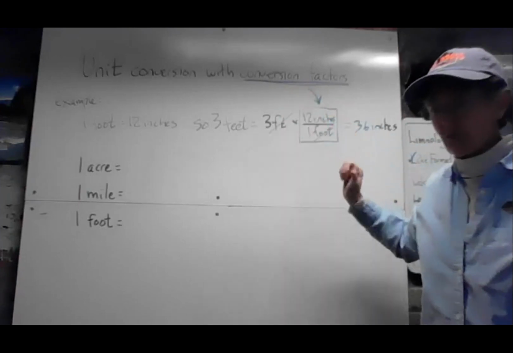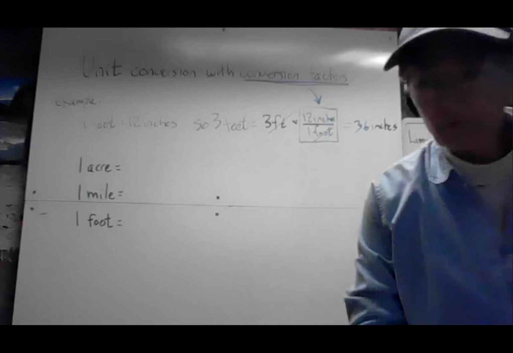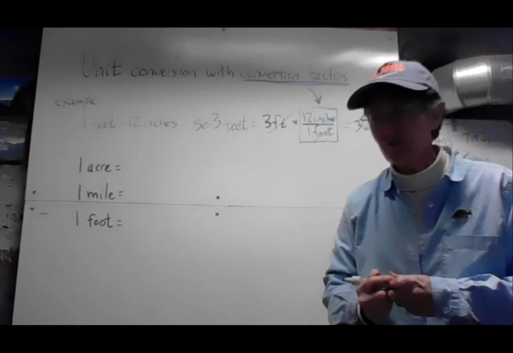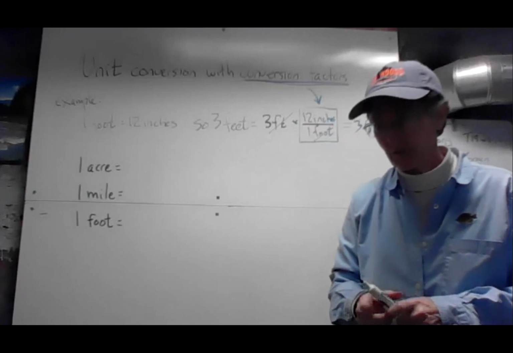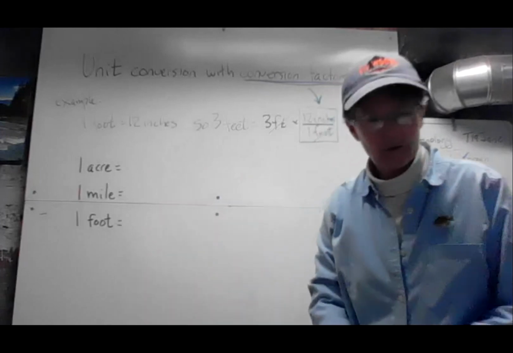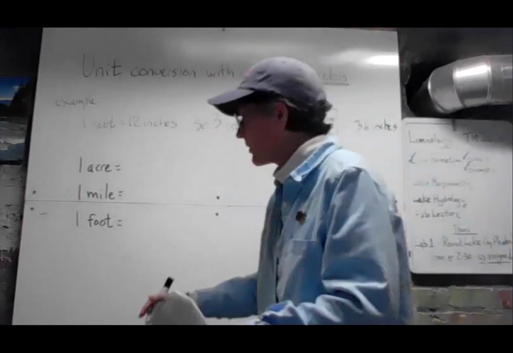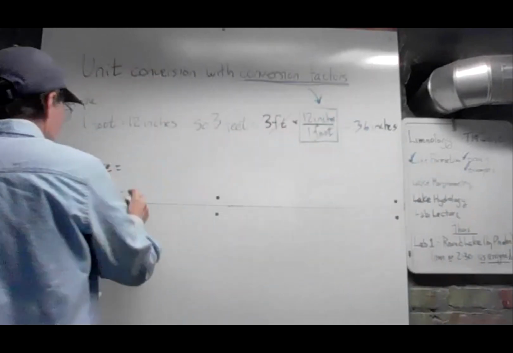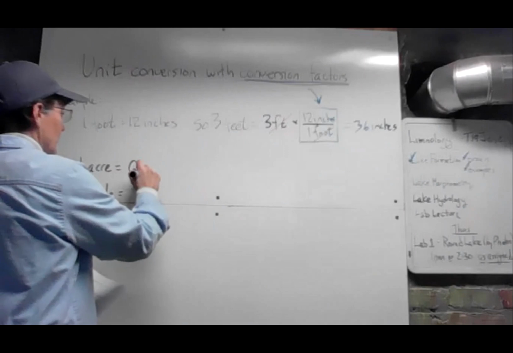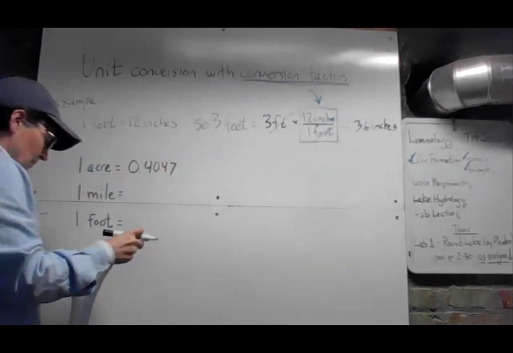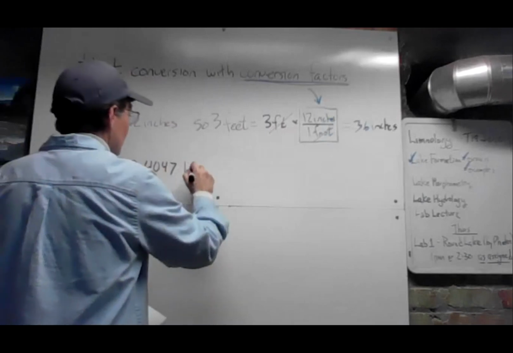So what I want you to do is tell me what the conversion factor is for each of these sets of units. So 1 acre is equal to 0.4047 hectares.